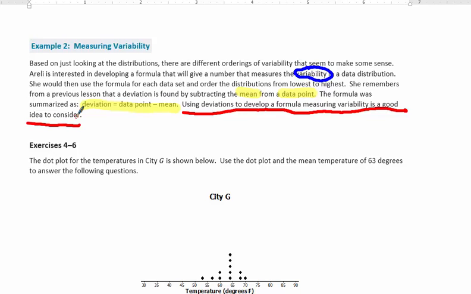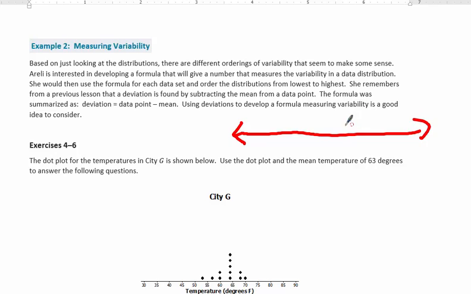Okay, so we're going to be walking through and figuring out how we find this formula. So I want you to think first, do you think Aurelia is correct? Do you think using deviations is a good basis for a formula to measure variability? Well, the answer is yes. A deviation measures how far a data point is from its mean.